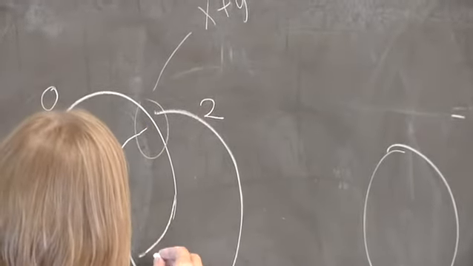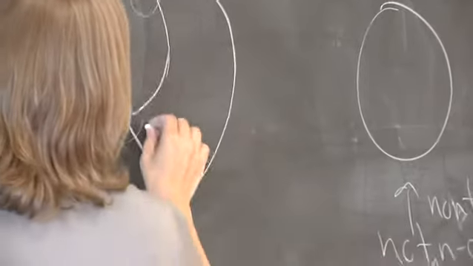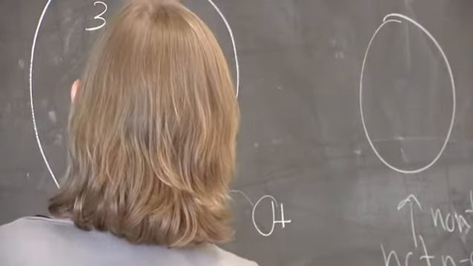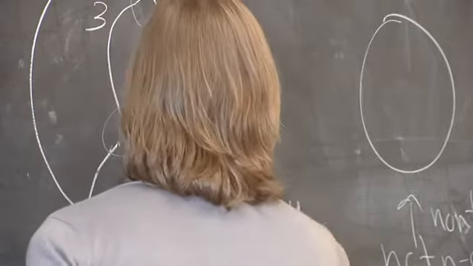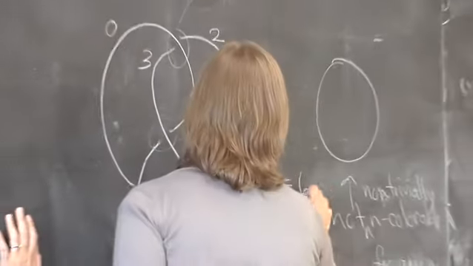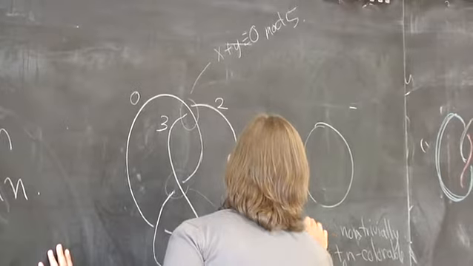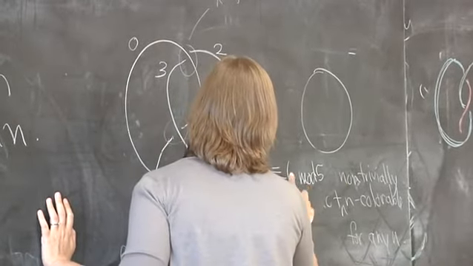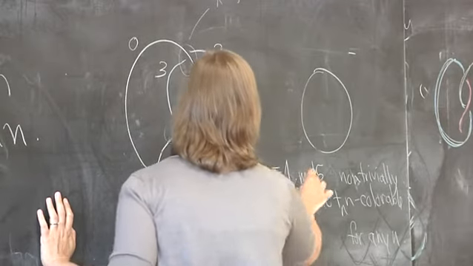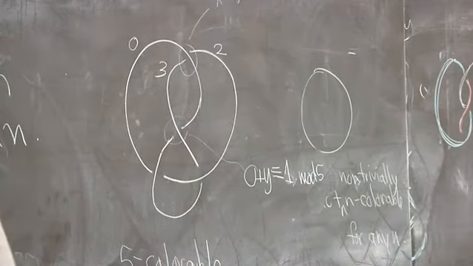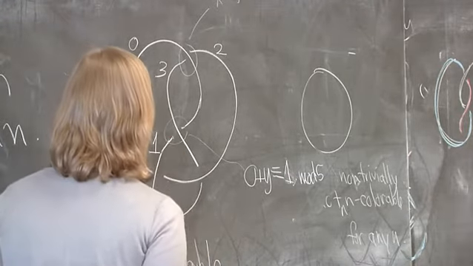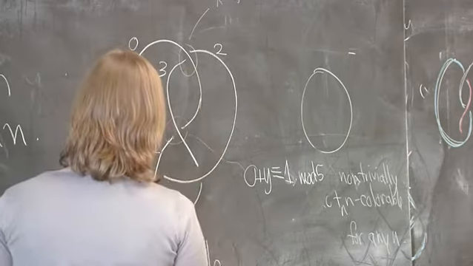Here at this crossing I have 0 plus, say, y is congruent to 6 mod 5. Well, 6 is just 1 mod 5, so y has to be 1. Okay, so I have 0, 2, 3, and 1.